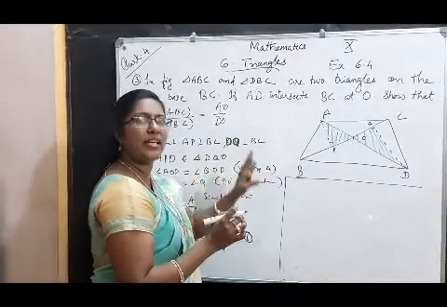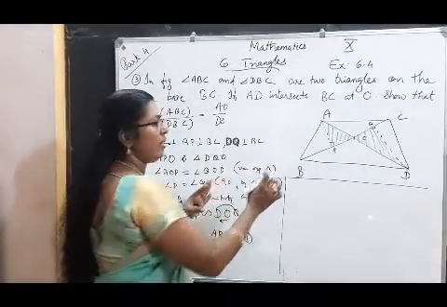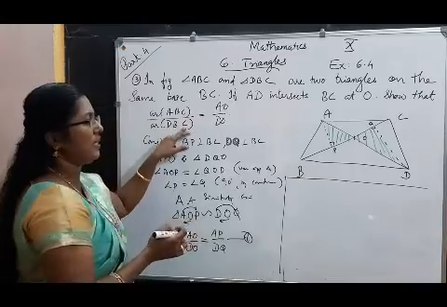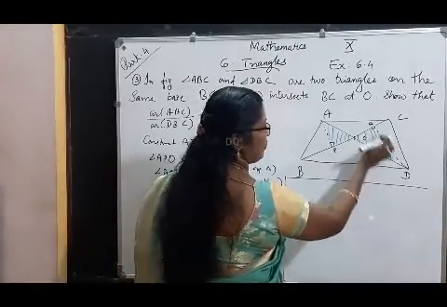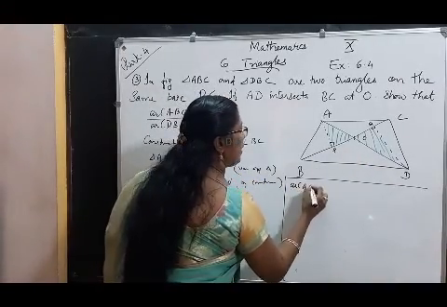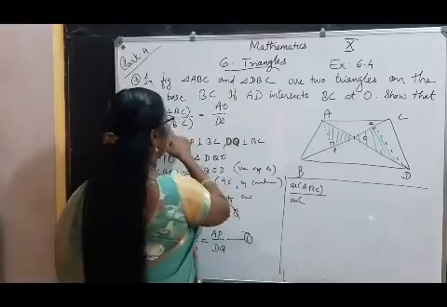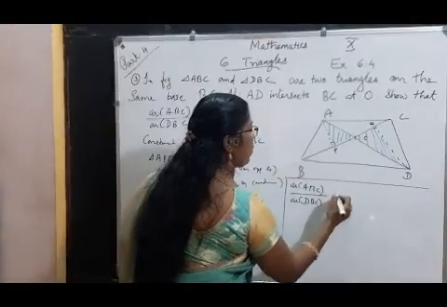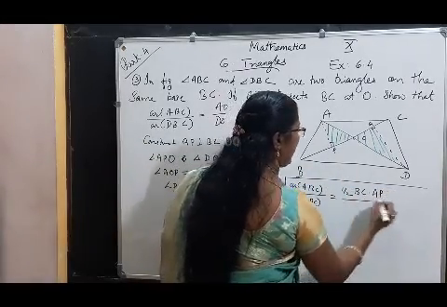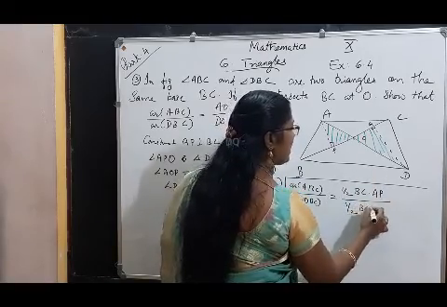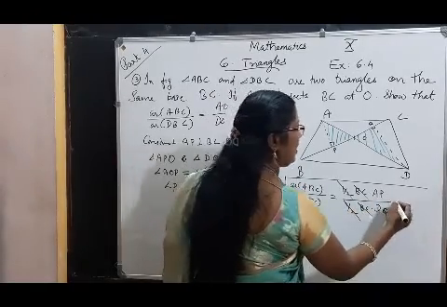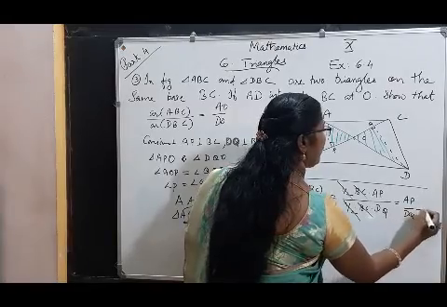The base and the perpendicular height are given, half base into height. Here for ABC, half base into height, height is AP. Then area of DBC, that is base BC and perpendicular distance DQ, half BC into DQ. So we can write area of ABC by area of DBC equals half base into height, height is AP, over half the same base BC into height DQ. Half cancels, BC cancels. That is AP by DQ, equation number 2.